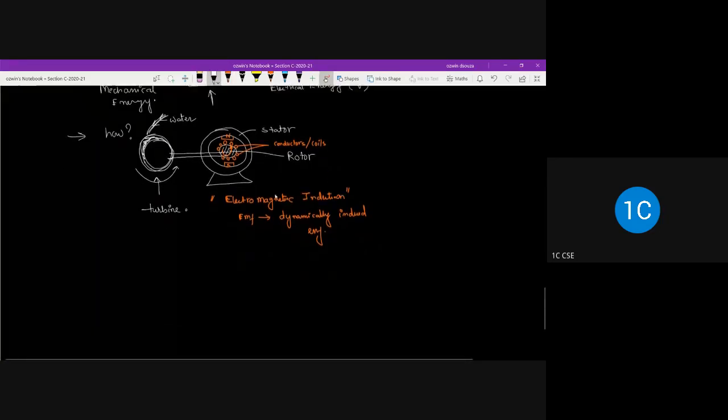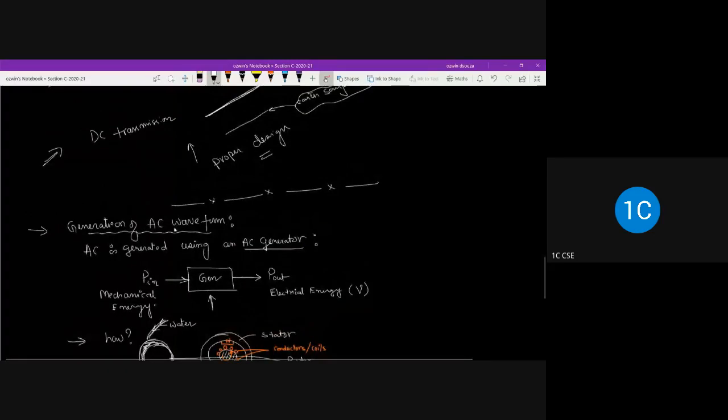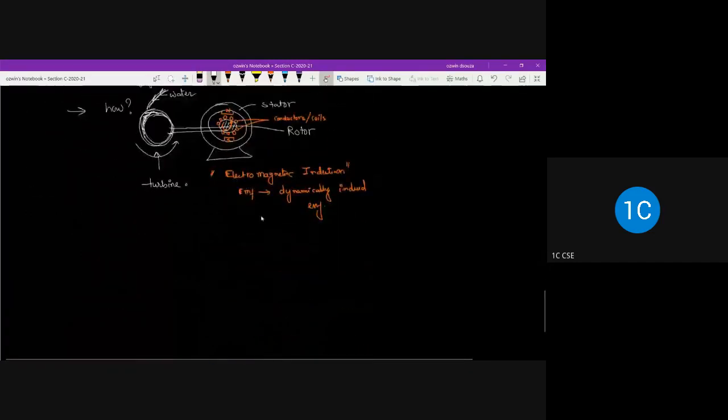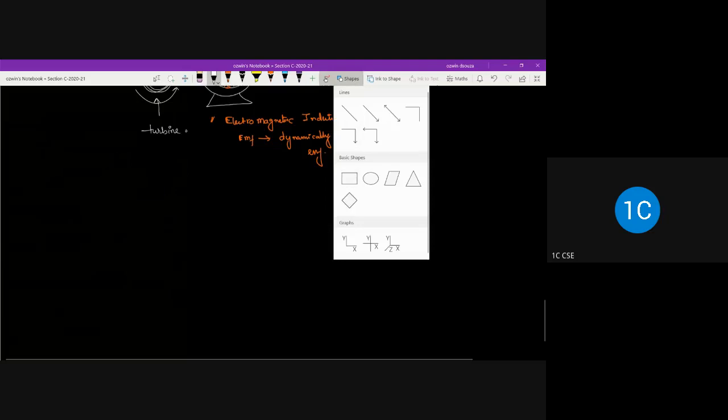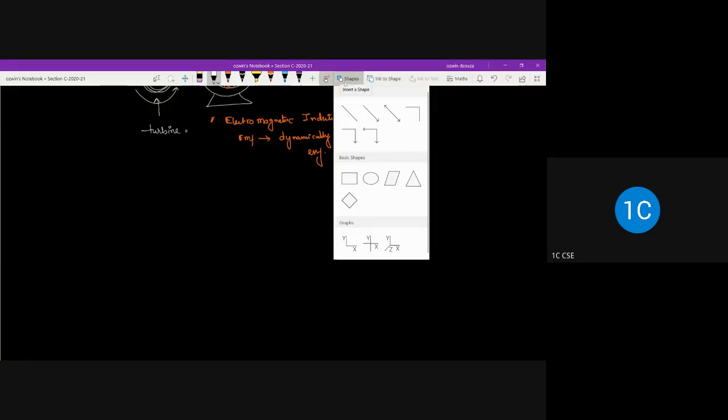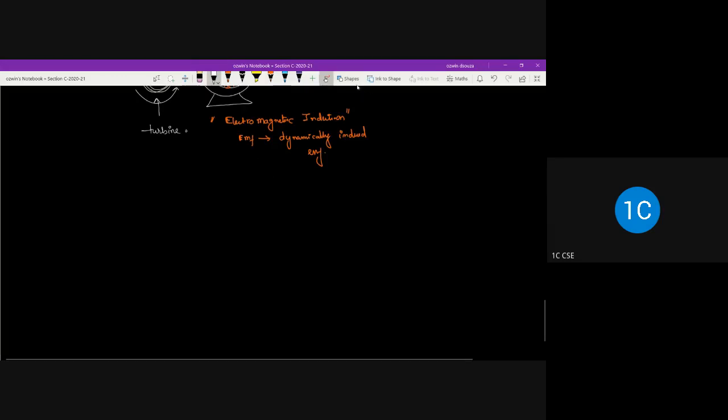That is how an AC waveform is produced. So what we will do is let me construct a simple diagram.